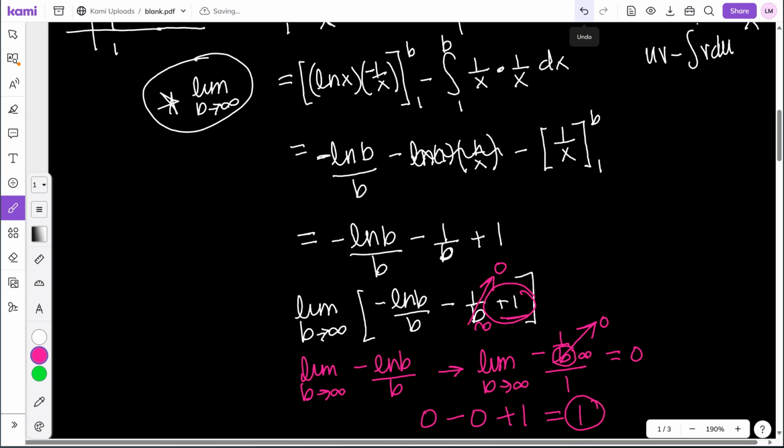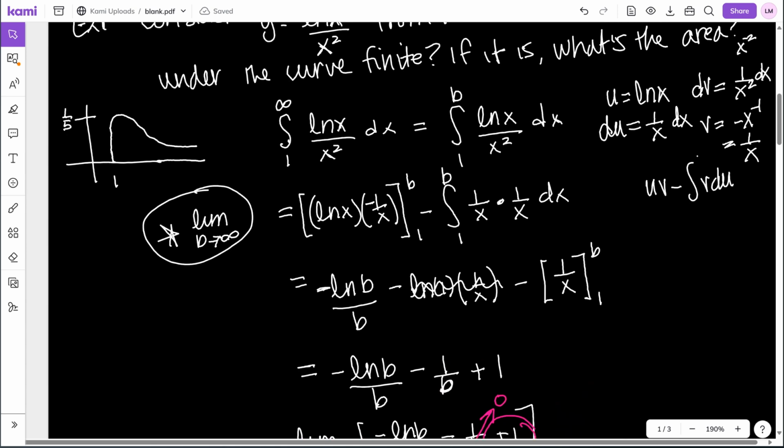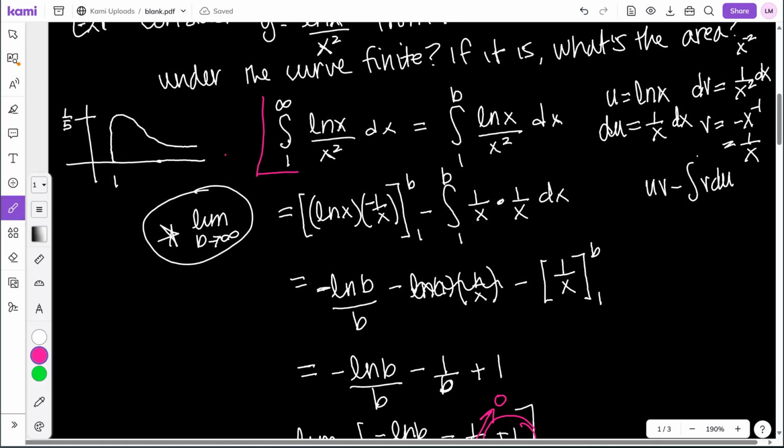All right, so that means the whole thing way back up here converges to 1.